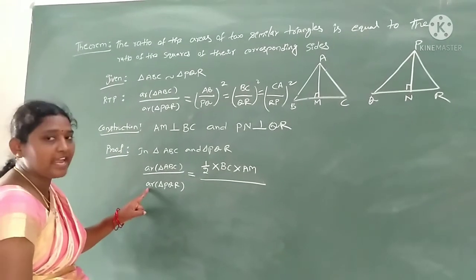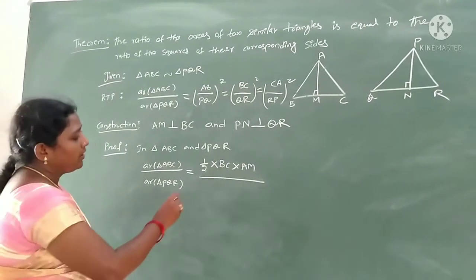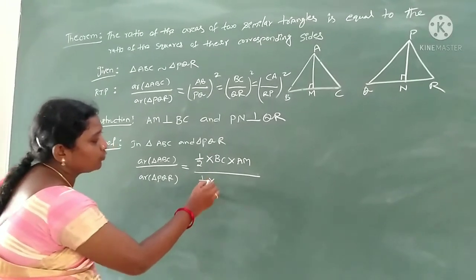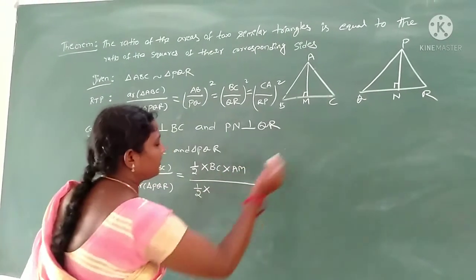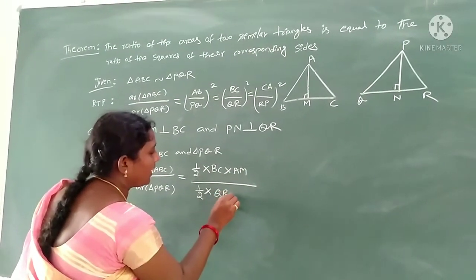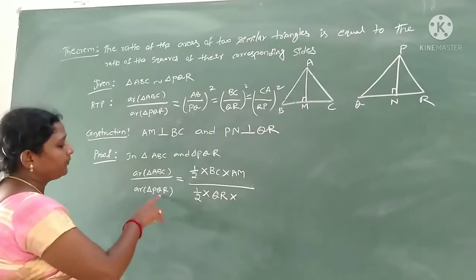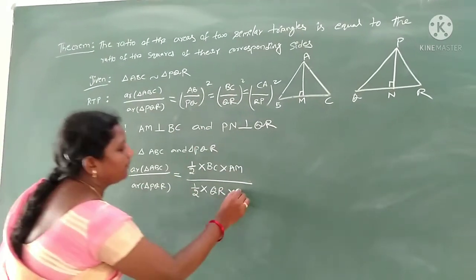Next, area of triangle PQR is half into base QR into height PN.